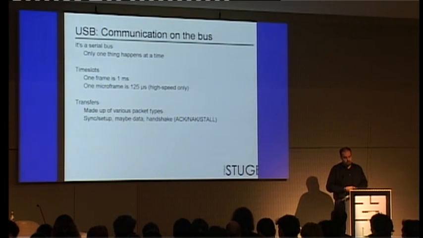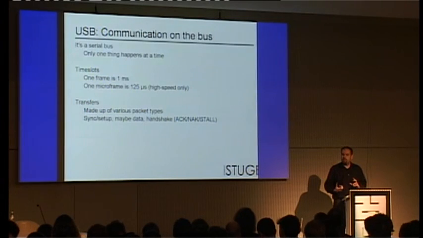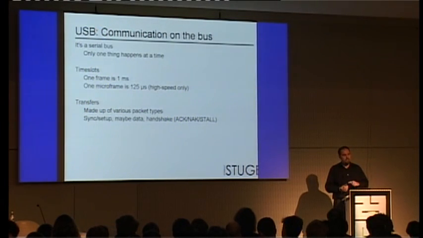I'm going to mention, though, the packet types, or the stages in a transfer. There's the first stage, which is a setup that contains information about what this particular transfer will be. Then there may be data, or there may be no data, and finally there's a handshake at the end. The handshake is one of ACK, NACK, and stall. ACK means okay, data transferred, fine.